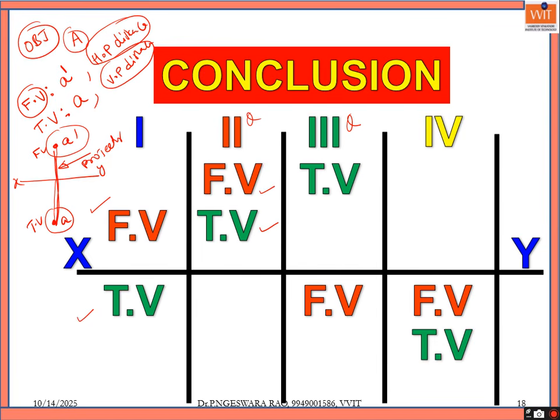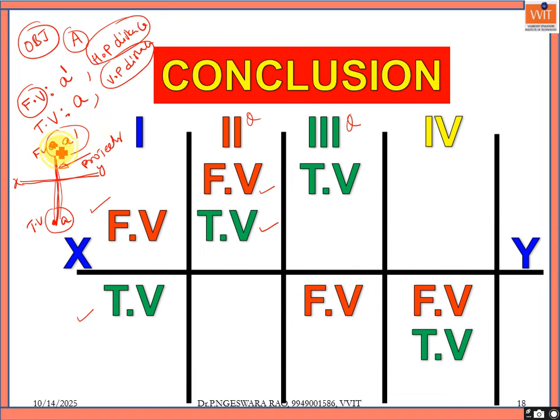Please remember this line is called a projector. And that is one more important point. Another important point is that the XY line and the projector line must be as light as possible, because we are drawing the image of the respective object. Only the image we must make dark in the front view as well as top view. For example, in this case, the front view of the point is a dash.